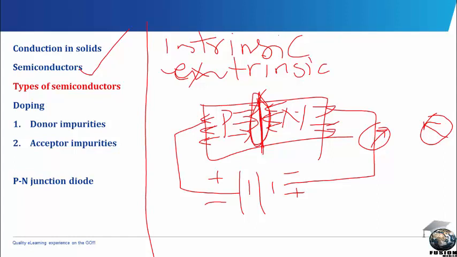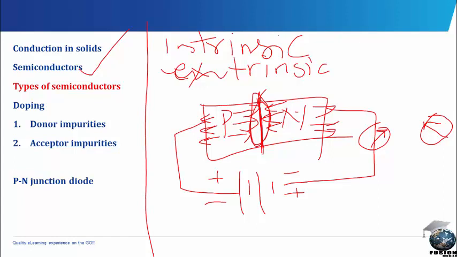In the first part of this lecture, before we start coming over to this side, we've discussed that the energy gap of an insulator is too large that electrons cannot move from the valence band to the conduction band. While that of semiconductors, the energy gap is small, such that on its own it cannot conduct.